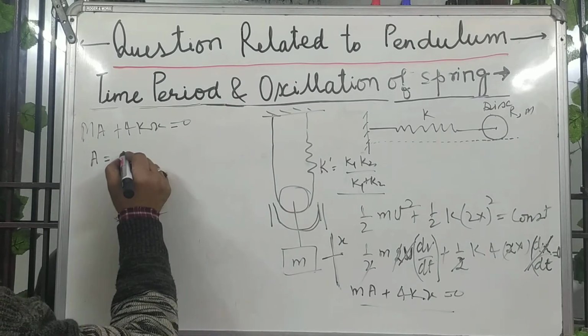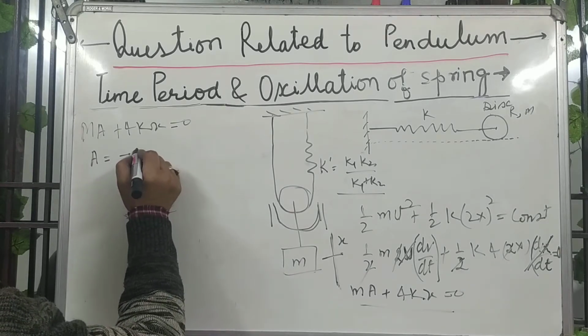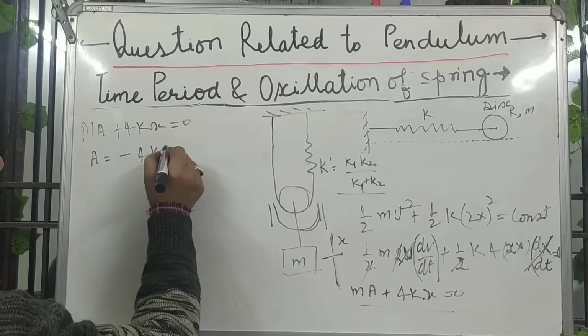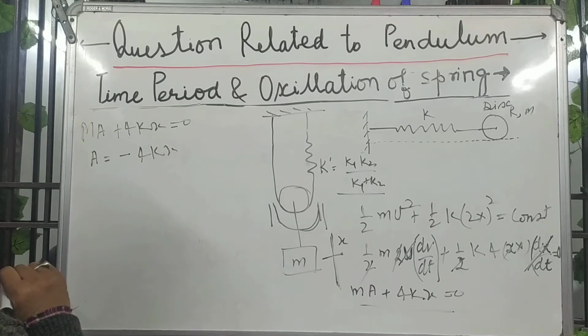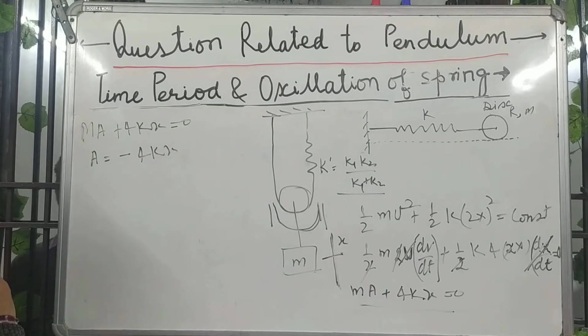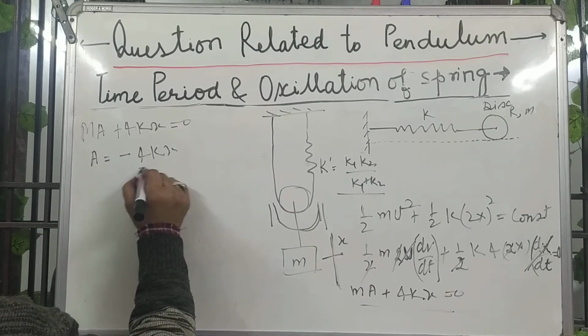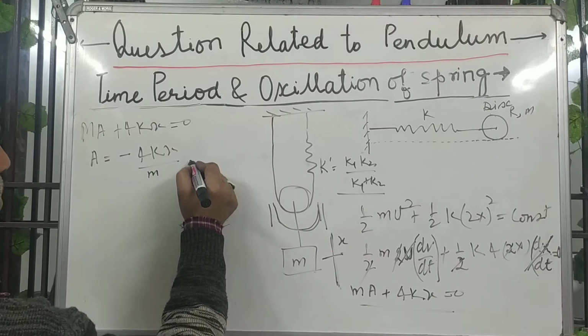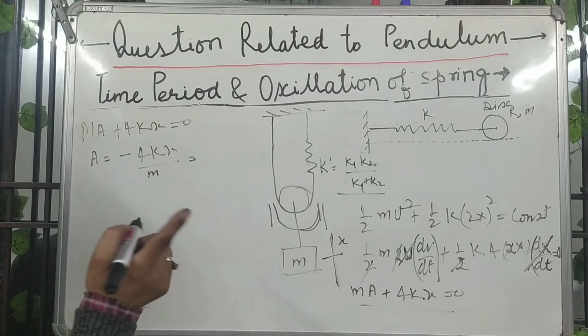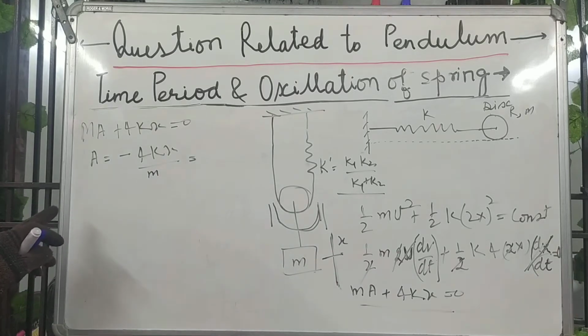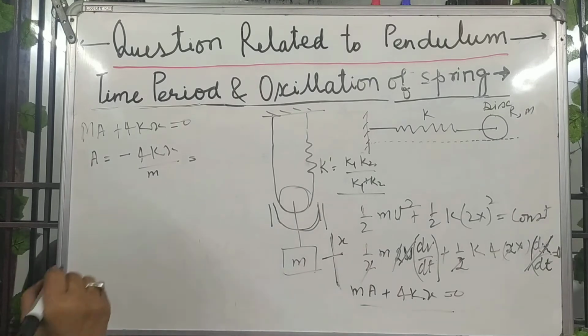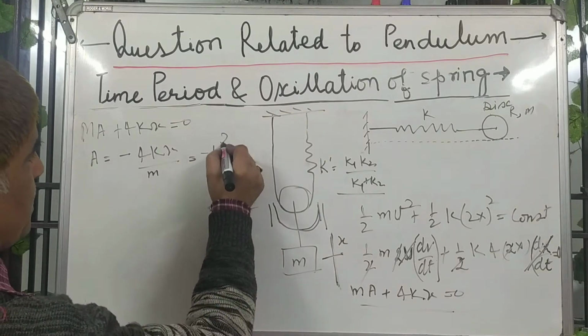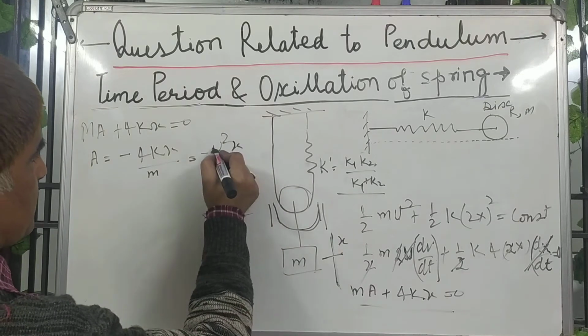So acceleration a equals minus 4kx by m, and acceleration is minus omega square x.